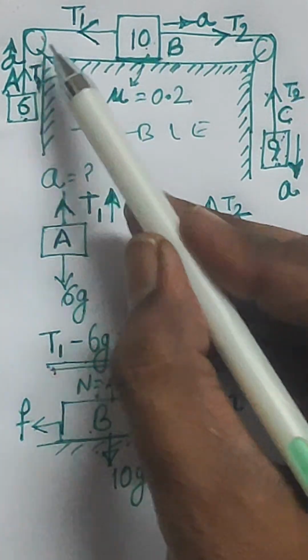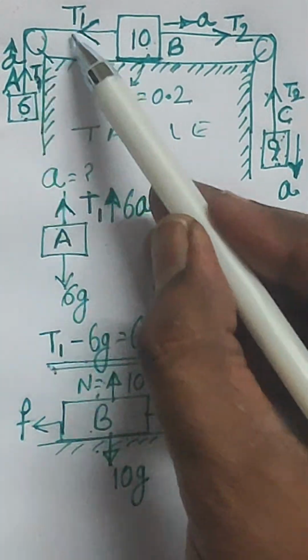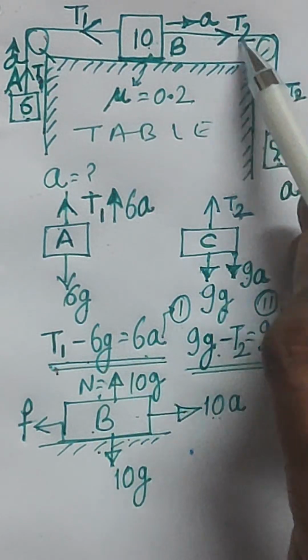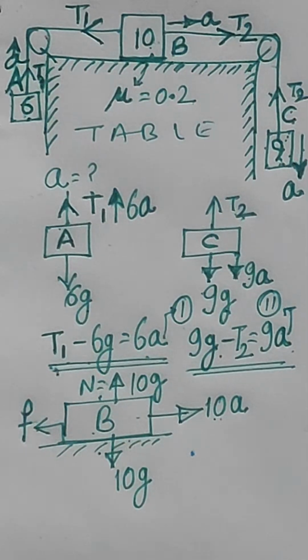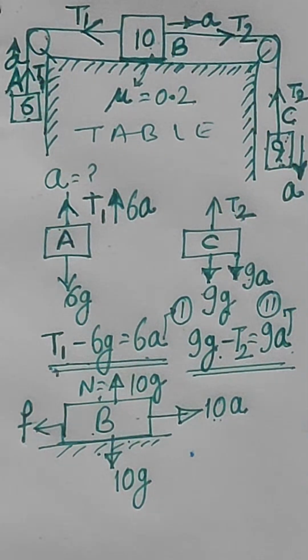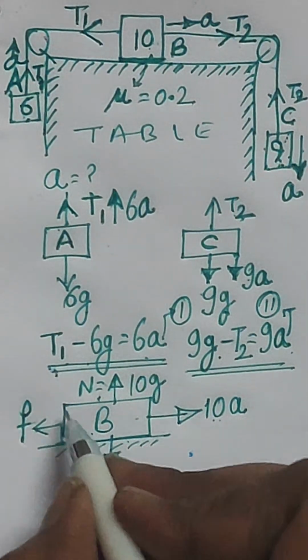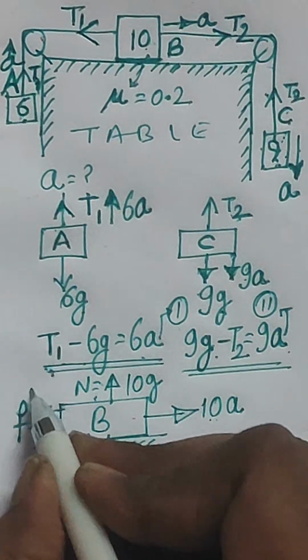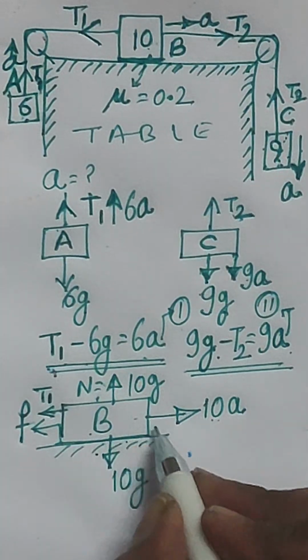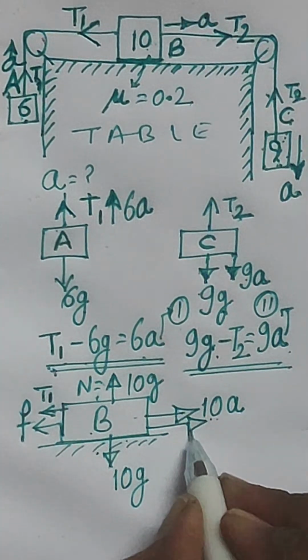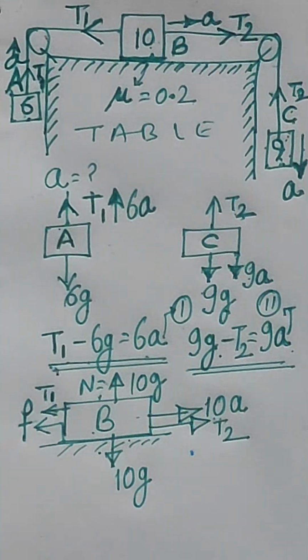Because from the pulley, towards the pulley, both the tensions will exist in both the directions, you can see, right? So T2 and T1 and F, yeah, Kevin. So here you can see T1 will be acting to the left, and on the block B, T2 will also be acting over here.